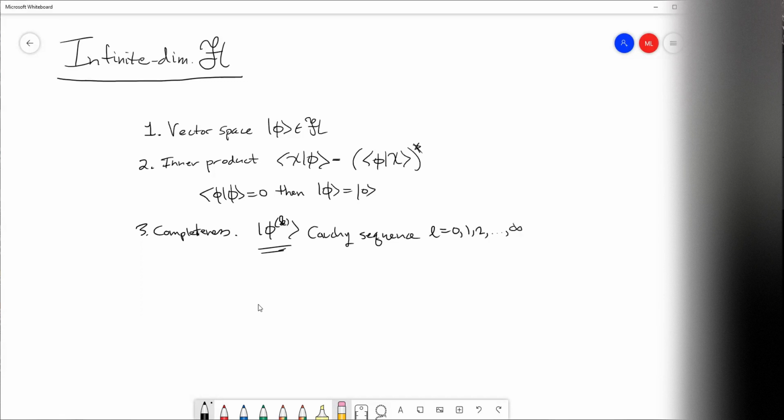If you have vectors that get ever closer to each other, then the limit of that sequence is also in the Hilbert space. So that's completeness. We won't really talk about that much, but maybe it'll come up from time to time. You still have things like Cauchy-Schwarz, that the inner product magnitude is less than or equal to the product of the norms.